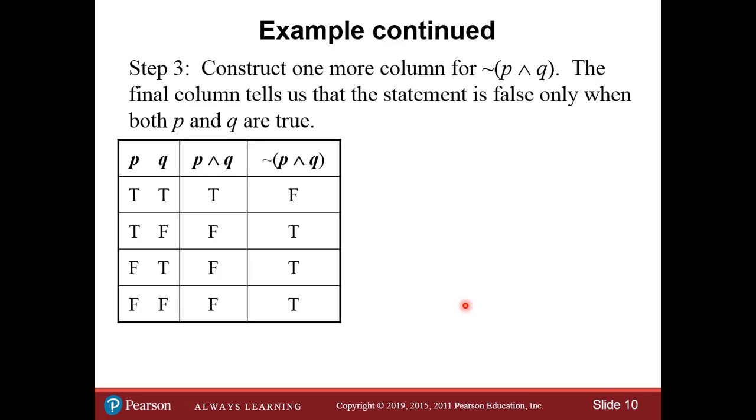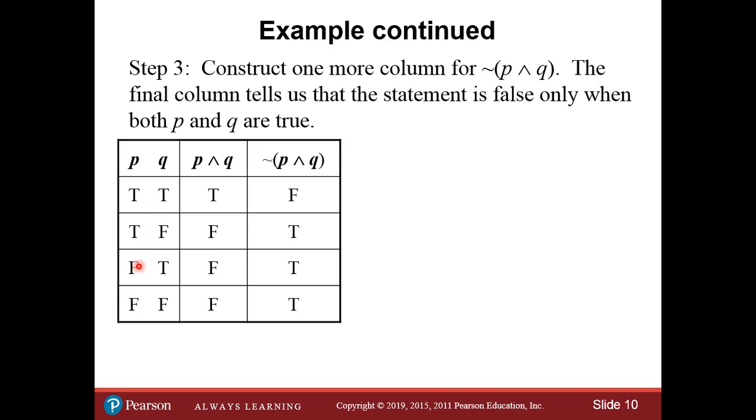Okay, now in this truth table here, we're going to find the truth value. So here, what do we get? Well, we start with P and Q with all the possible truth values, right? Look familiar? Then we're going to do the conjunction. So the dominant connective here is and. So we know that this is going to be TFFF, because the only time this is true is when both of these are true.